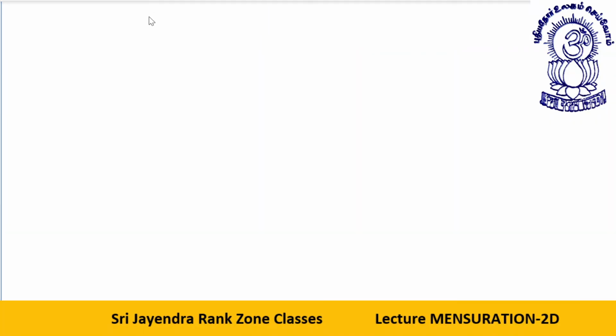Now, dear students, let's discuss the ratio of the areas of similar triangles. The ratio of the areas of similar triangles. See, let me draw two triangles in front of you.